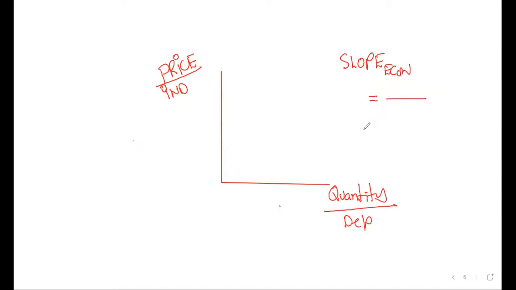What is our slope if we are looking at an economic convention? Del x by del y, because price is the independent variable. That means quantity demanded due to change in price. Is that clear? Yes. Okay, so this is the dependent now. In the economics convention, this is the independent.